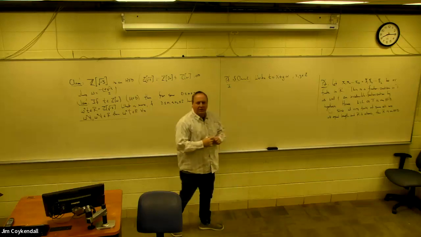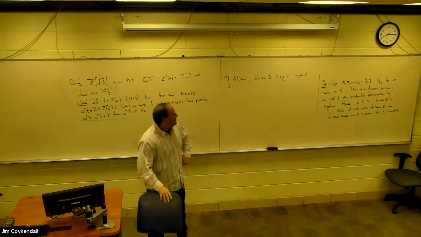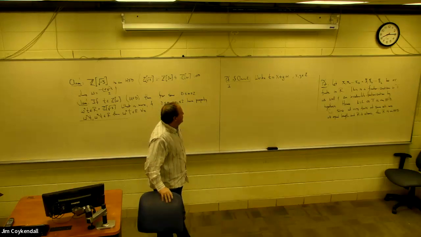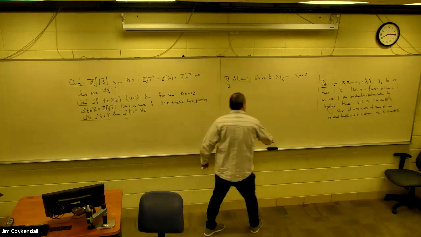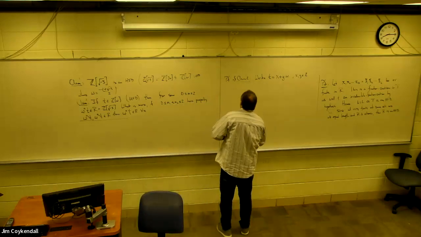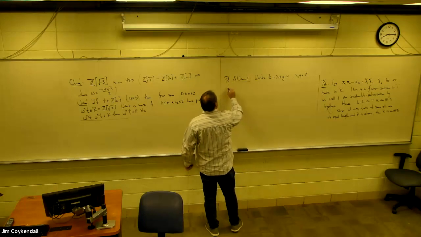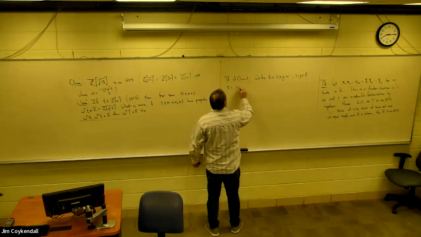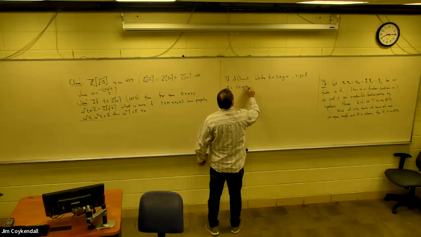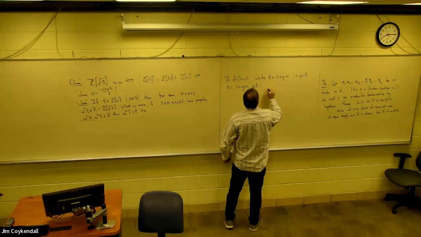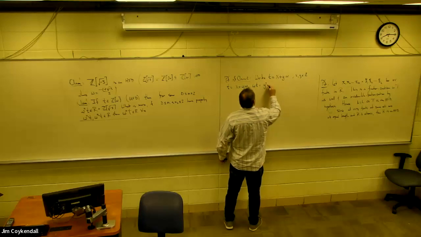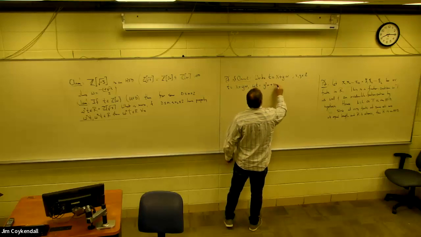Well, let me ask you this. So T equals X plus Y omega. Omega T is Y omega squared plus X omega.